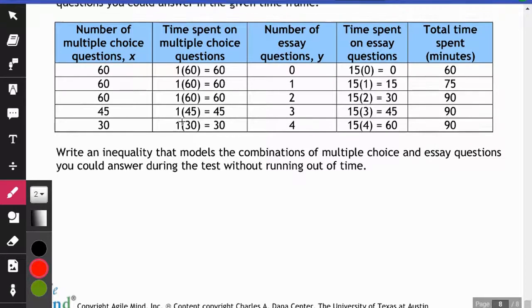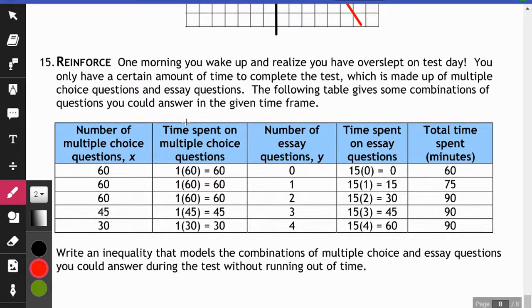Okay, so how much time do we have for the test? The following table gives combinations. I guess that 90, I don't know. Okay, so we have a number of multiple choice questions.